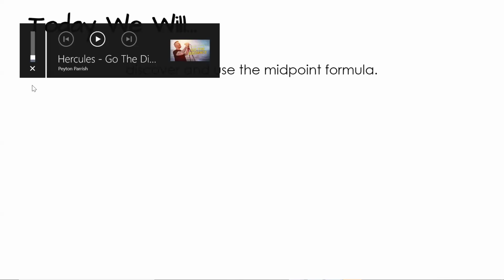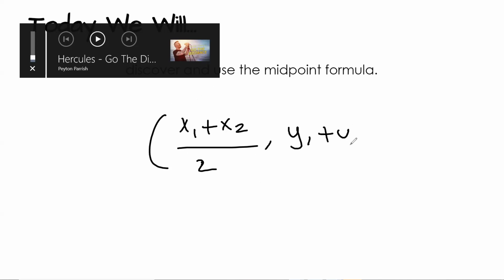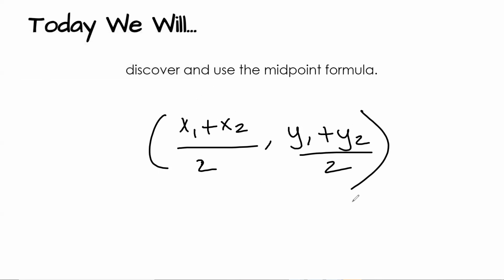Okay, midpoint formula. So here's another formula that you're going to use. So I would write this one down. x1 plus x2 divided by 2, and y1 plus y2 divided by 2. Basically, you're going to take your x values, add them, and divide by 2. Take your y values, add them up, and divide by 2. So midpoint formula is exactly what it sounds like.